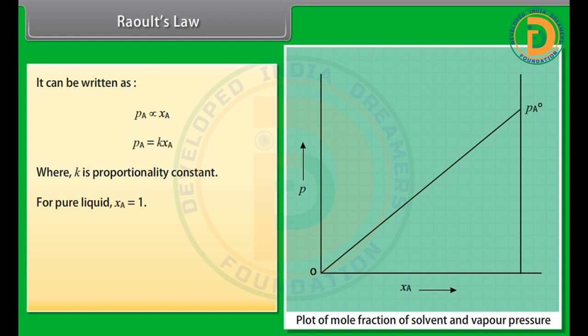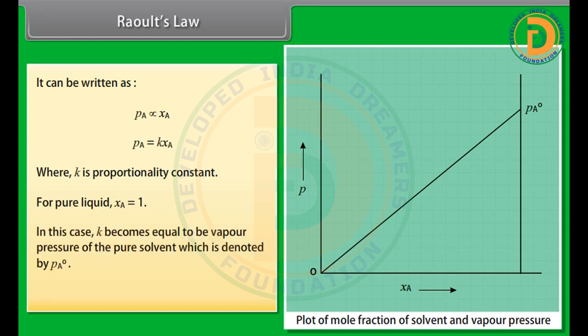For pure liquid, XA = 1. In this case, K becomes equal to vapor pressure of the pure solvent, which is denoted by PA°. Thus, PA = PA° XA.